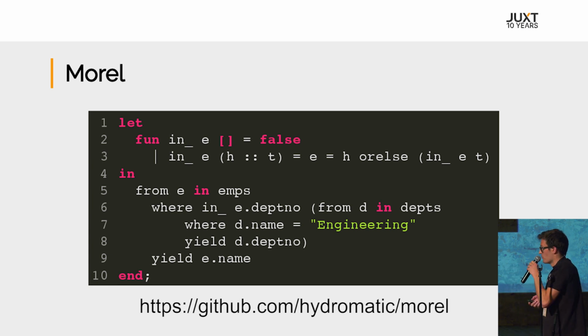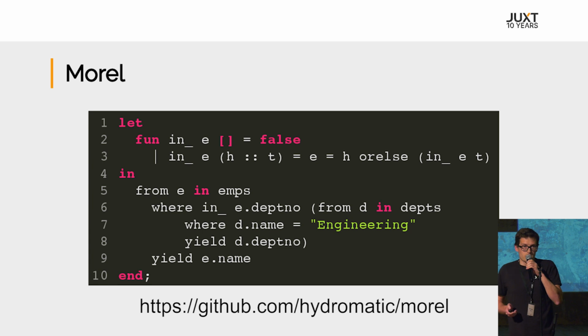What is nice about Morel is essentially they asked, why do we actually have a difference between databases and general purpose languages? If you look at this example, there's a function from line 1 to 4, and then Morel has this extension to standard ML, which is quite similar to SQL. In this case, we're getting some employees, and then we check that the department number is equal to some subquery, and we actually use the function just defined above.